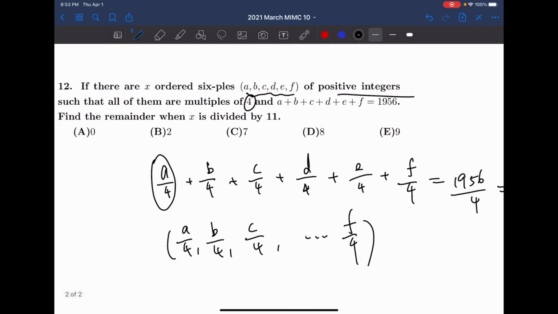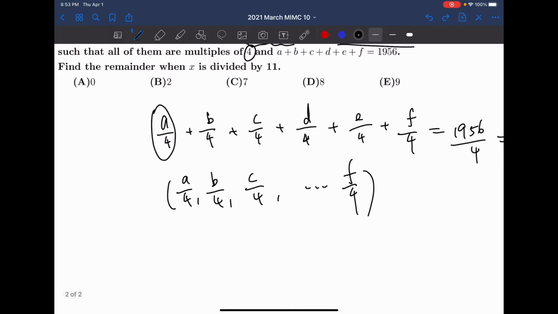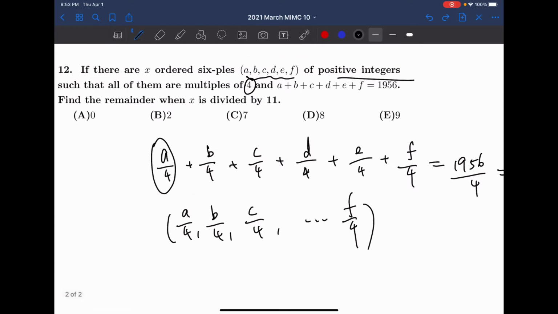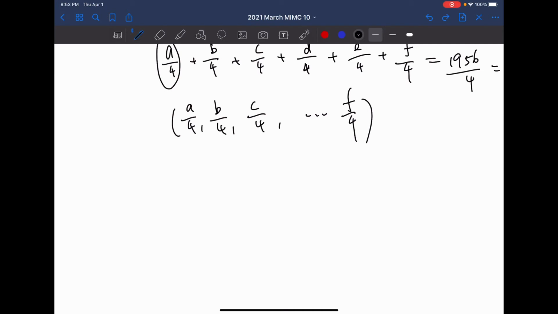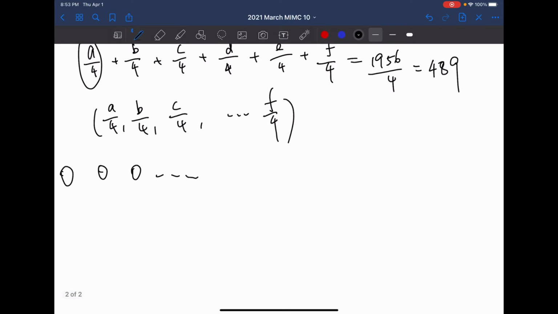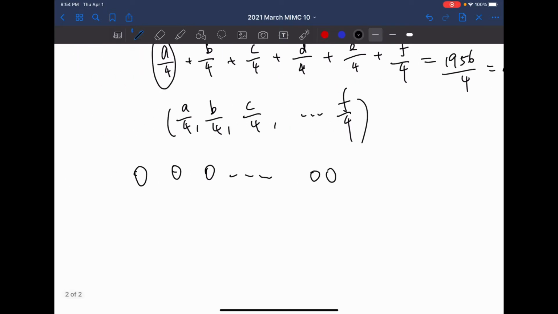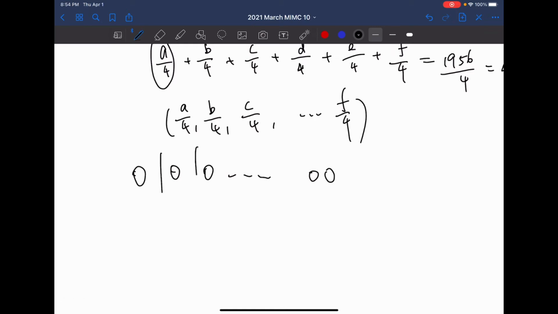That would be equal to the number of 6-tuples of a, b, c, d, e, f. So let's get started by calculating that. We know that every one of them is a positive integer, meaning it cannot be 0, and using the principle of stars and bars, there are 489 stars, and we want to use bars to separate them so that each portion represents one letter over 4.